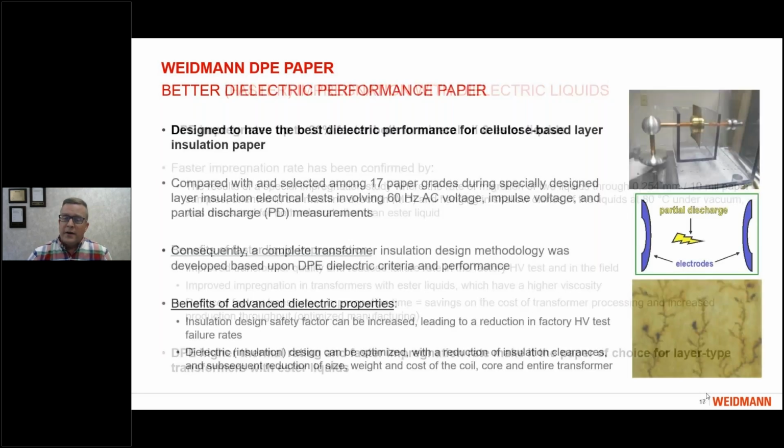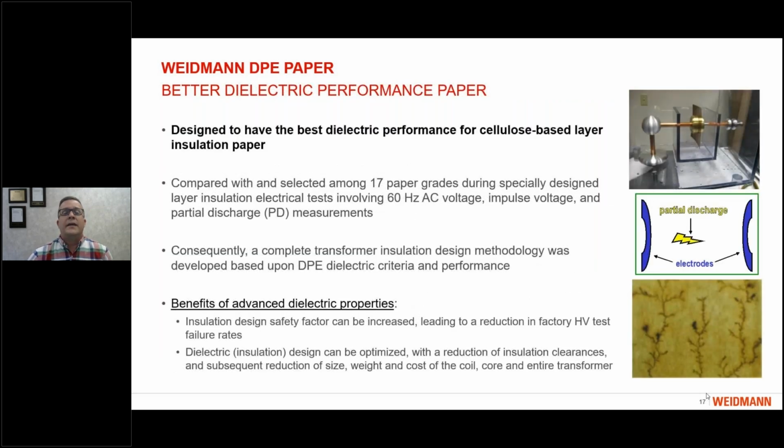The third of the four benefits of DPE paper is that we designed it to have better dielectric performance as a layer insulation in layer wound transformers. We completed an extensive electrical testing series that took several years to do, way back when we were developing this paper, studying not only the breakdown of the paper in AC voltage, but also, for the first time, measuring partial discharge inception of layer insulation paper, as well as impulse breakdown.